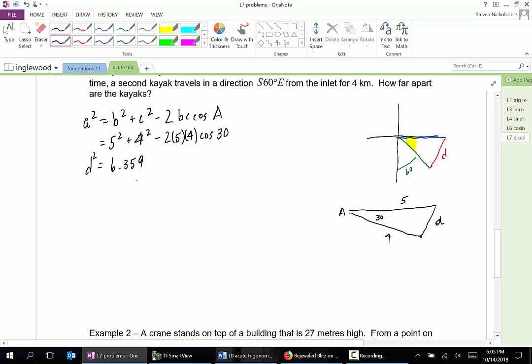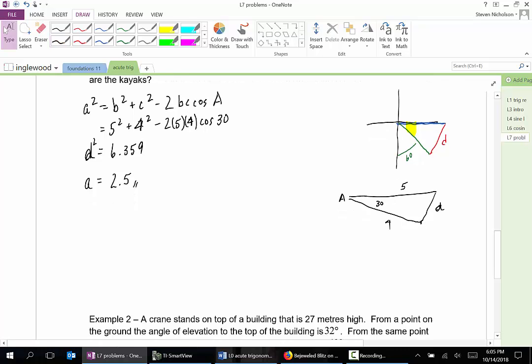When you add that all together on your calculator, you get 6.539, but remember, that's what a squared is equal to, and we want to know what a is equal to, so we simply take the square root and we get 2.5. So at that precise time, those two kayaks are 2.5 kilometers apart, and we use the cosine law based on what I know.